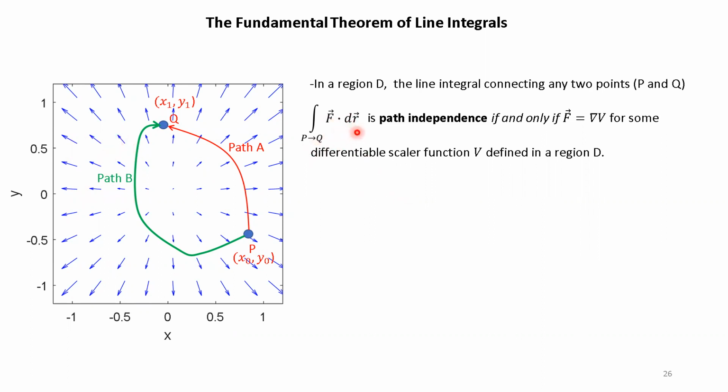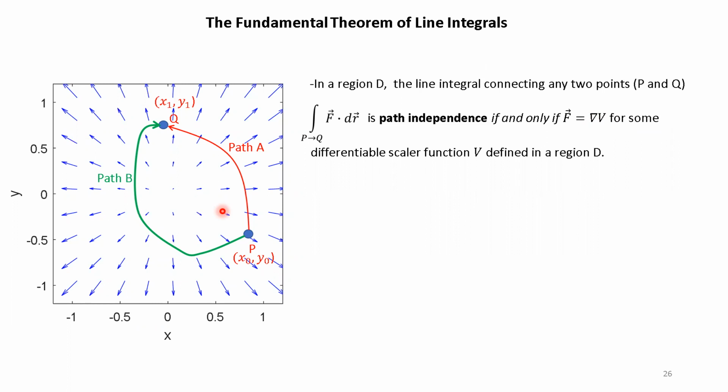And this line integral will be path independent if and only if this vector field function f can be written as the gradient of some scalar function over this region D. Remember gradient? What we learned in chapter 1, remember that we have a function of two variables, and if we take the so-called gradient, we form a vector field.